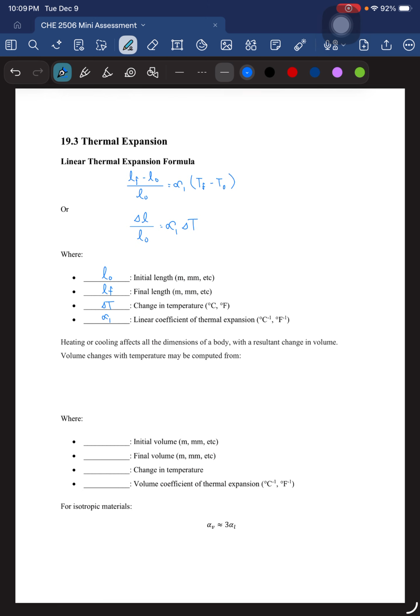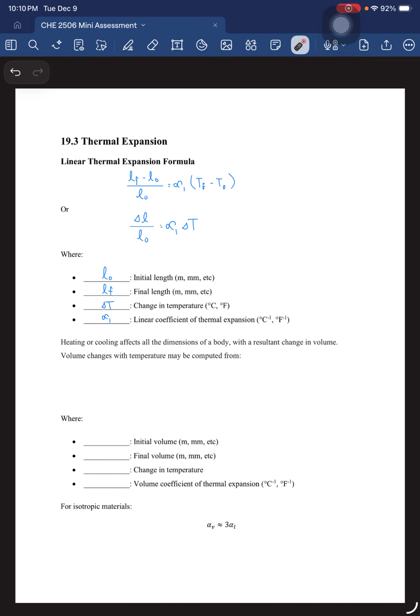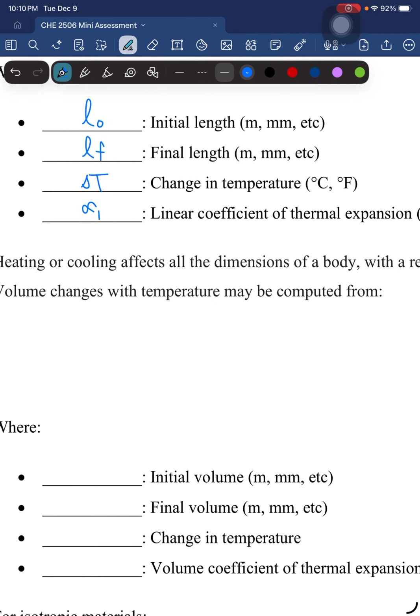Heating or cooling affects all the dimensions of a body with a resultant change in volume. Volume changes with temperature may be computed from the same formula as we have here, but with volume instead of length.